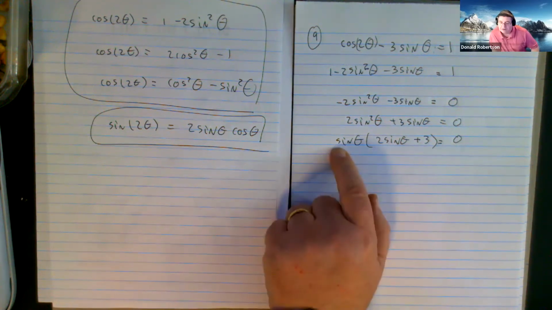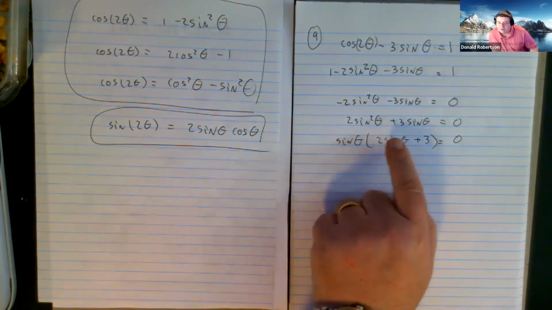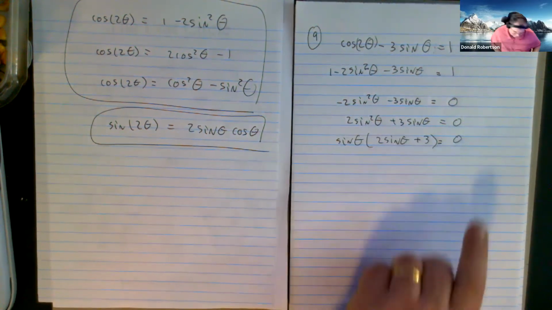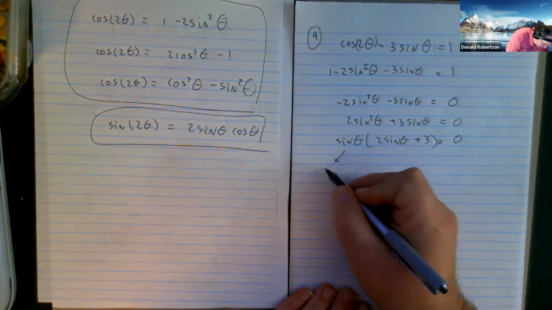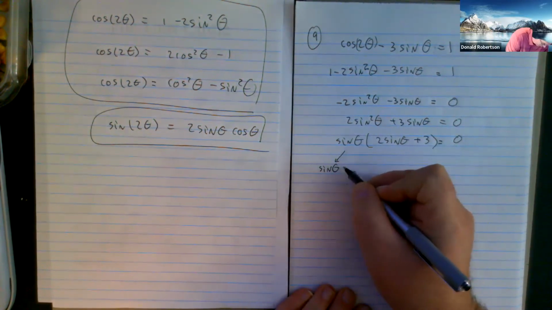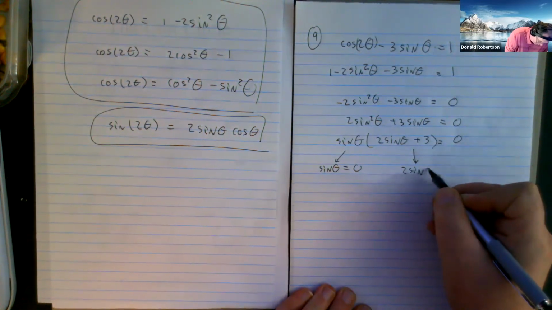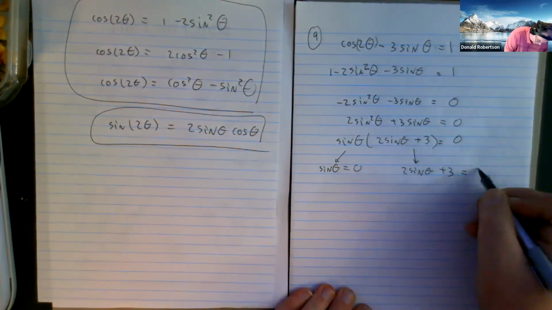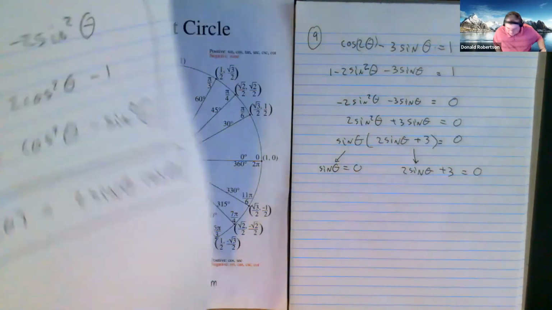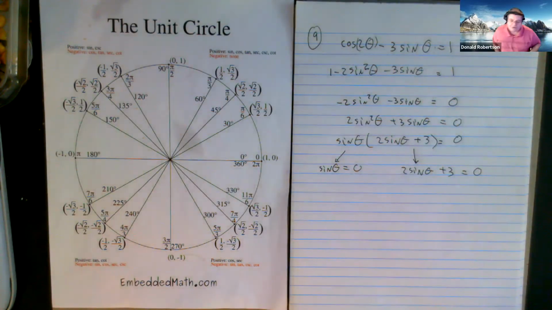We got this guy. Now, if you can factor two things and they equal 0, you can then say that the sine of theta is 0, or that 2 sine theta plus 3 equals 0, right? That's basically taking factors and finding what's called their zeros.